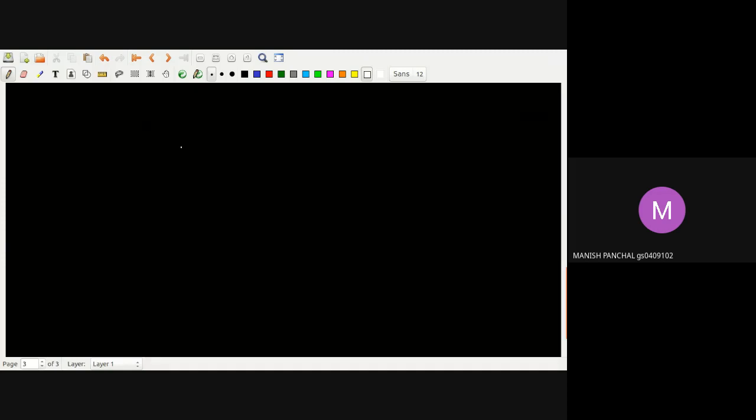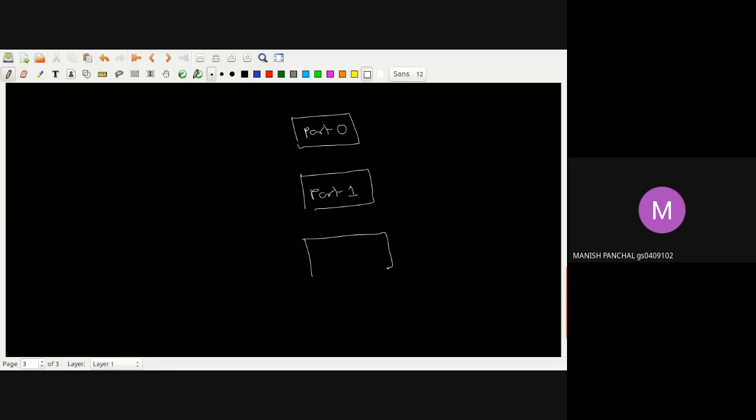Okay, so we know from the architecture that it contains a total of 4 ports. For example, if I have this port 0, first we'll draw all the ports. Port 1, another is port 2, another one is port 3.